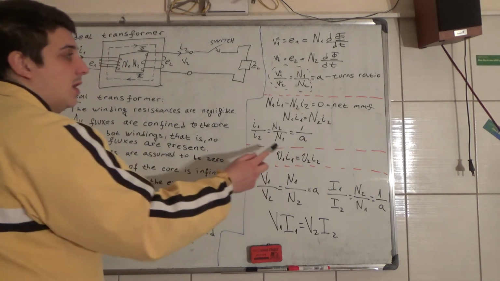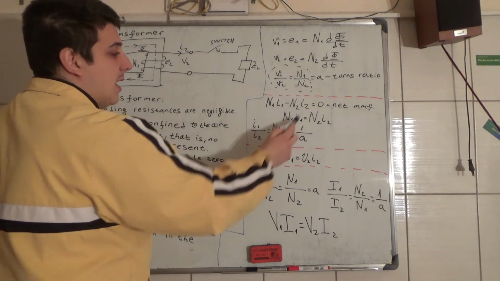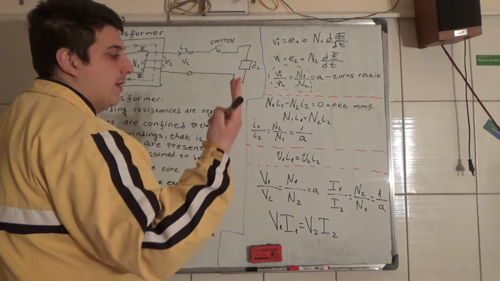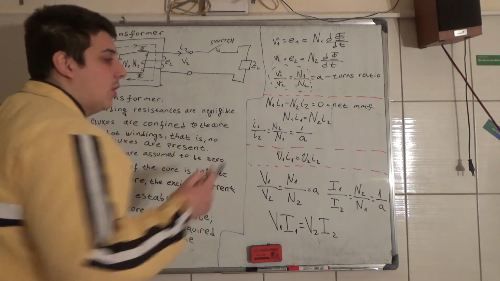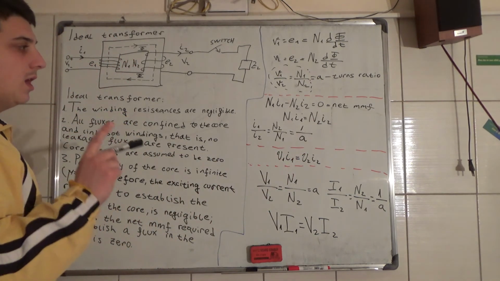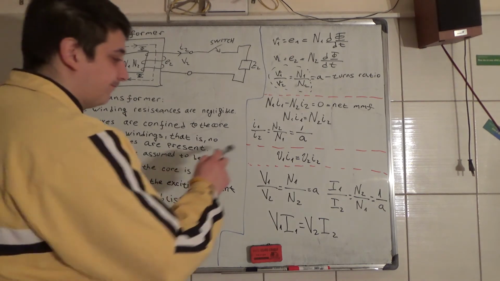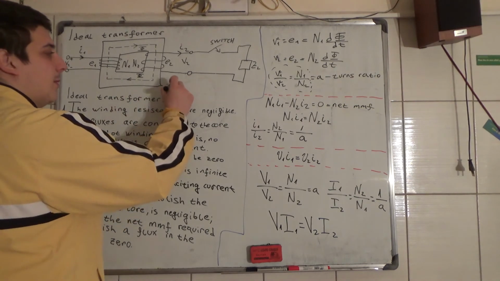N1 divided by N2 is A, and this is just the opposite situation. This is 1 divided by A. So now, as you can see, let me just rearrange this.